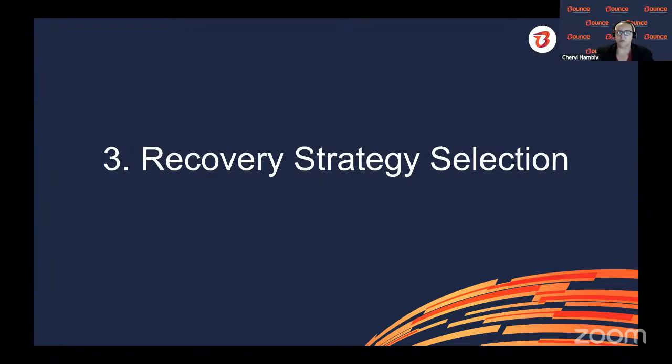Once you've got those outputs, the next stage is to go through your recovery strategies. The recovery strategies are basically the step-by-step process you're going to go through for those disruptions.